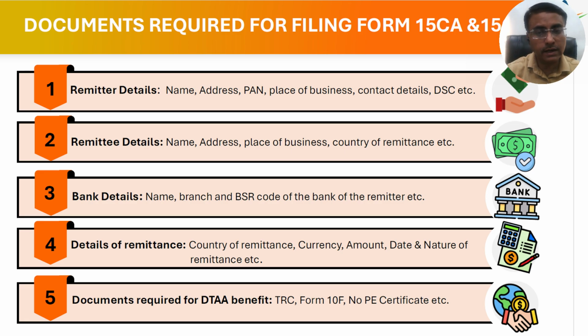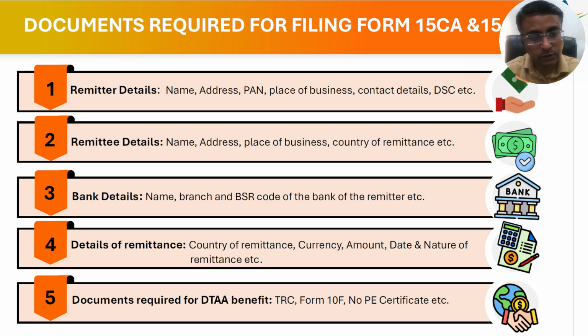The document required for DTAA benefit is the TRC certificate. Suppose you don't have a TRC certificate and Form 10F, then you are not getting the benefit of the tax treaty. Normally, permanent establishment plays an important role in case of business income. So the chartered accountant normally asks for a NoPE certificate from the foreign entity.